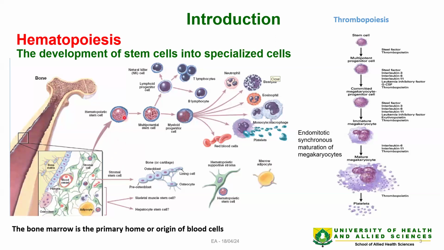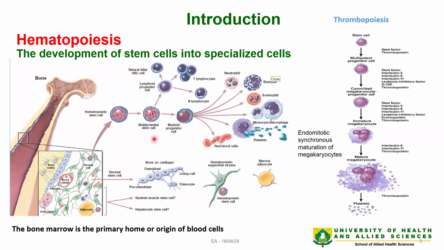And we have the earliest, most recognizable form of the blood cell, which in this case is an undifferentiated cell, which has the potential of forming all the various cells of the blood, which we call the hematopoietic stem cell. This is what I'm talking about. So the hematopoietic stem cell further differentiates into a multipotent stem cell. And out of this multipotent stem cell, you can also derive other committed progenitor cells.